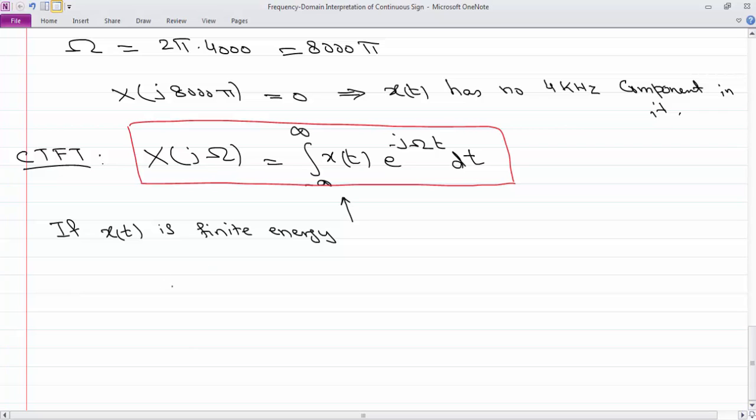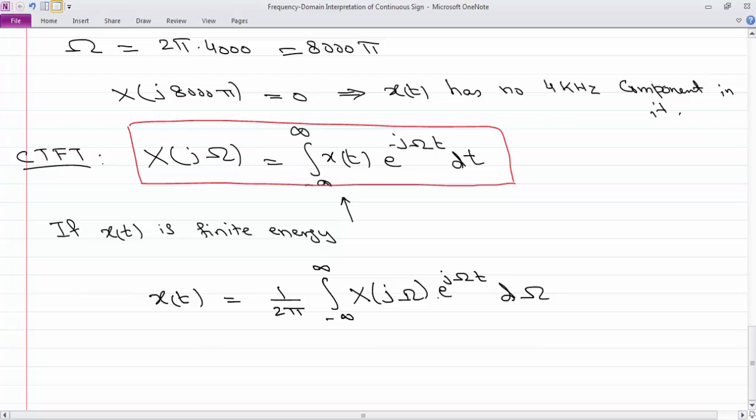So when you write your signal in terms of the inverse Fourier transform, x of t equals 1 over 2 pi, integral from minus infinity to infinity, x of j omega e to the j omega t d omega. This equation clarifies that your signal is made up of an infinite number of frequencies e to the j omega t, and the phase and amplitude of each frequency is given by the Fourier transform x of j omega.